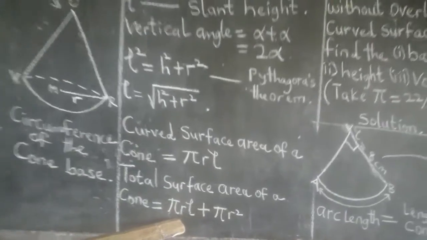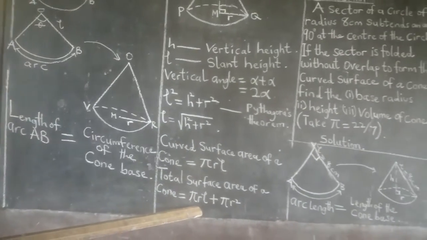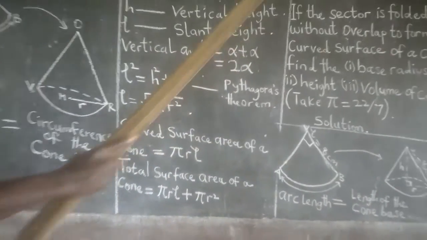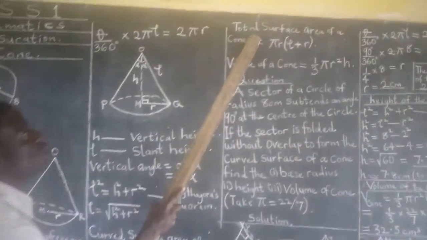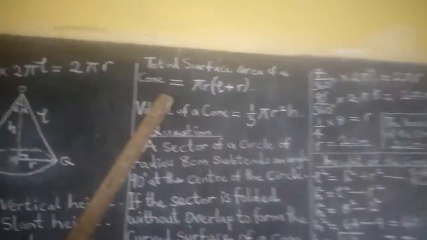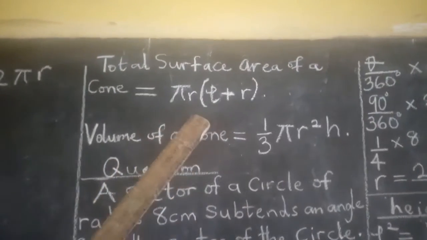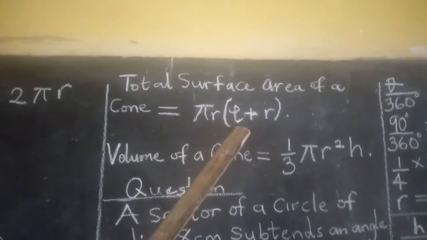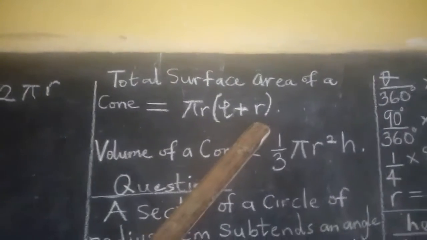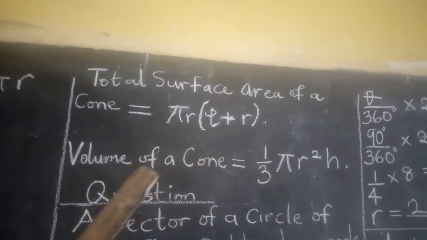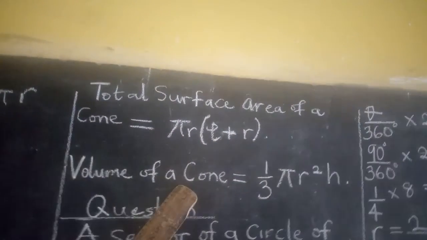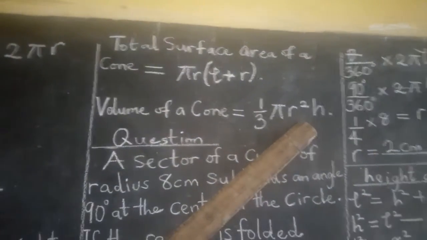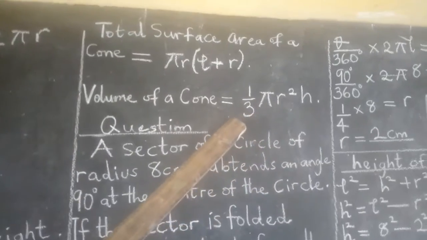That is the curved surface area plus the area of the base. So the total surface area of a cone is pi R into L plus R. There, L is the slant height, R is the base radius of the cone. The volume of the cone is 1 over 3 pi R squared H. Let's take note of these.